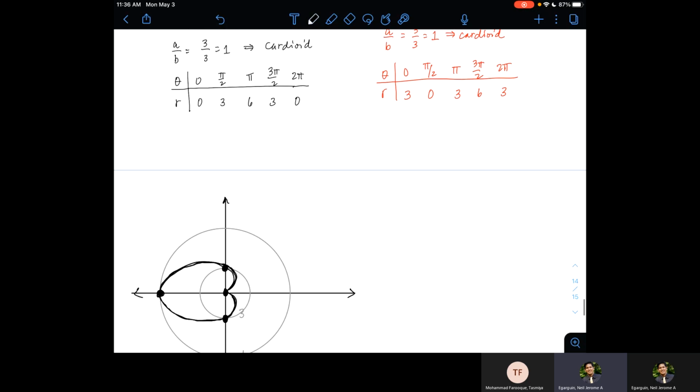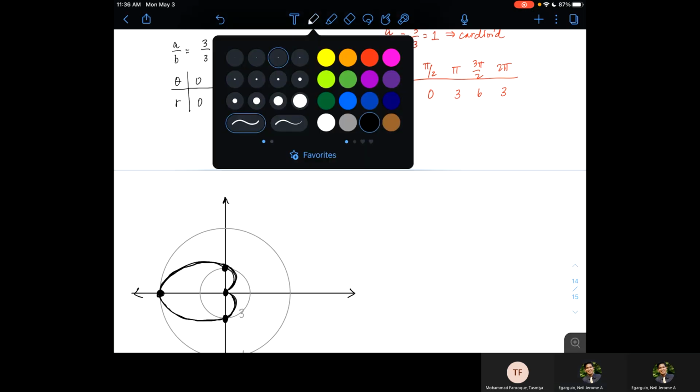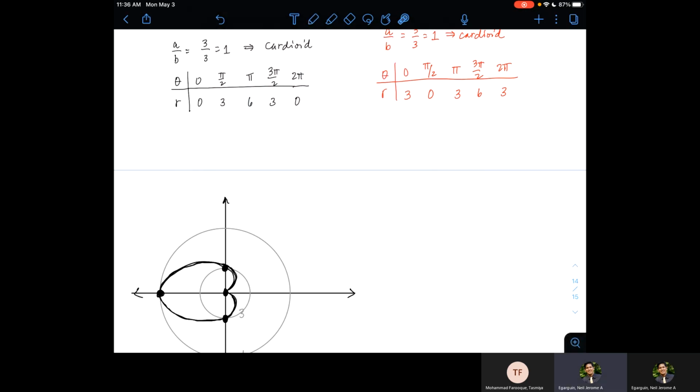Now for the red cardioid, when theta is 0, R is 3, so I'll plot that here. When theta is pi over 2, R is 0, so we'll have a point at the pole.